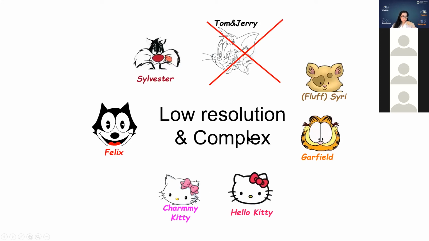So these are a series of pictures that I use as analogies. Tom and Jerry: the structure has low resolution and no colors. It's also complex because Tom is with Jerry. We cannot design a molecule specific to only Tom's face because Jerry interferes.